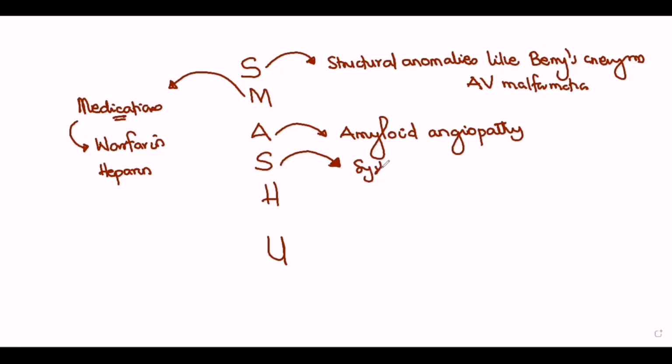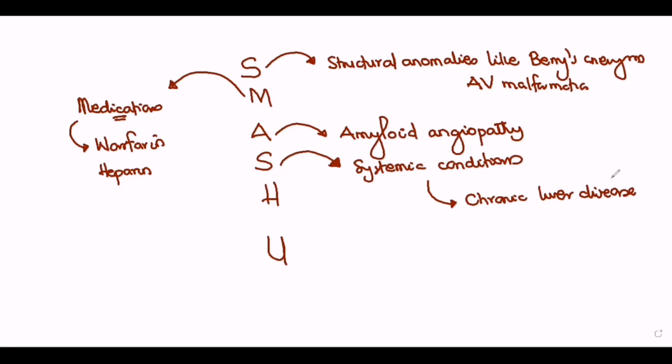S for systemic conditions. Systemic conditions like chronic liver disease, because the liver is responsible for producing the clotting factors. And so if it is diseased, we can't produce clotting factors.